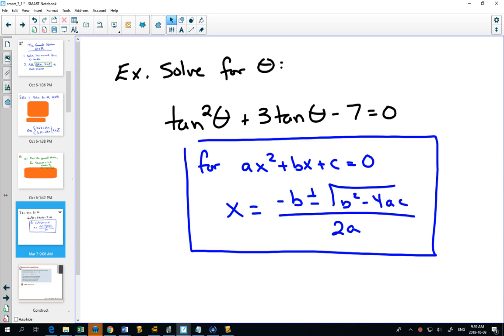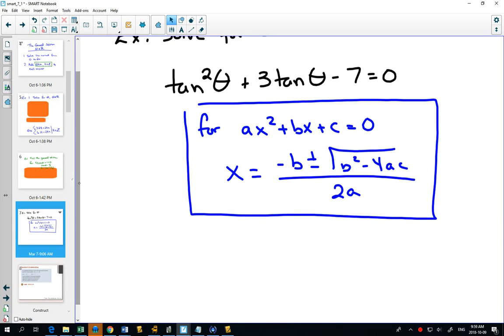Now we don't have an x in our equation, and we don't have theta squared. What's being squared here? Tan. So when we go to use this formula, instead of writing x equals, we would write tan theta equals.